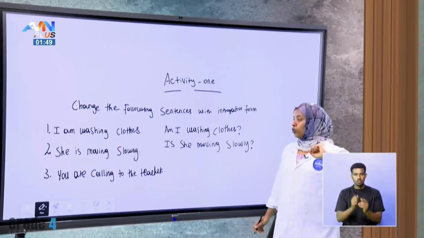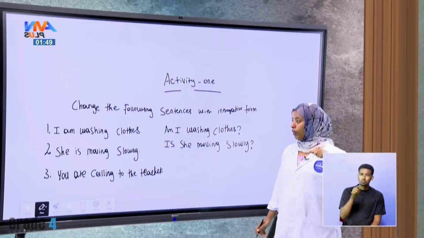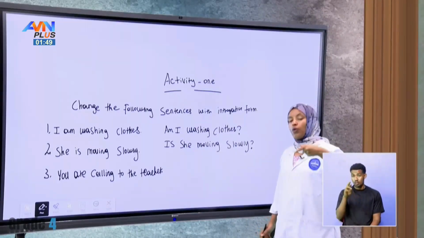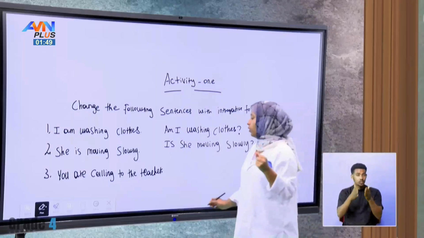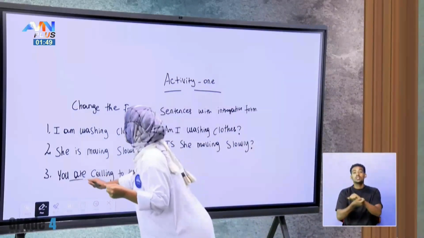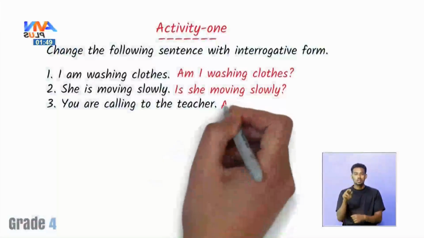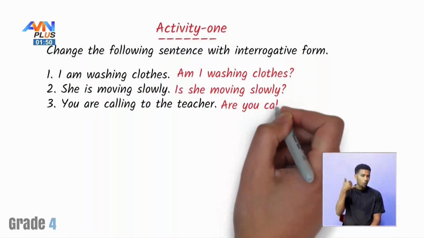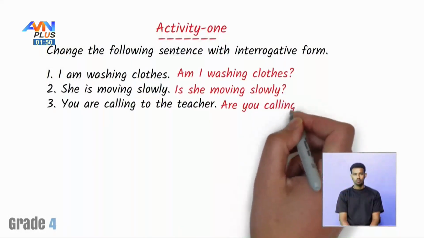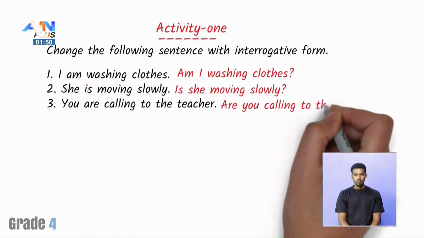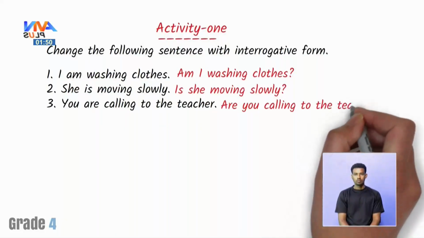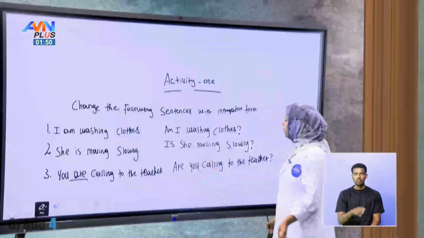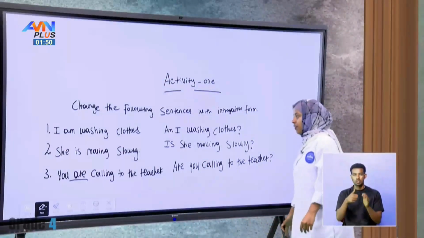So you are calling to the teacher. When we change it by using are, are you calling to the teacher? Here is the question mark at the end of the sentence.